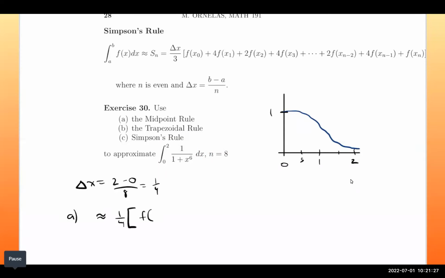So we got 0.5, 1.5, 0.25, 0.75, 1.25, 1.75. So if you were to draw these, you're going to take the midpoint, which is kind of hard to draw because this is pretty small, then the next midpoint, then the next midpoint, and so on and so on.